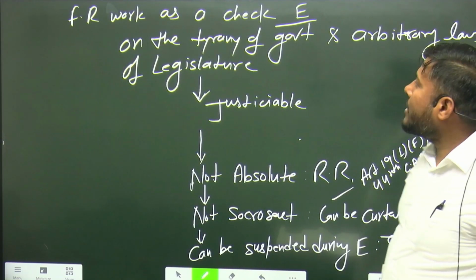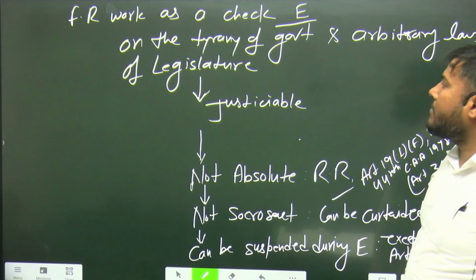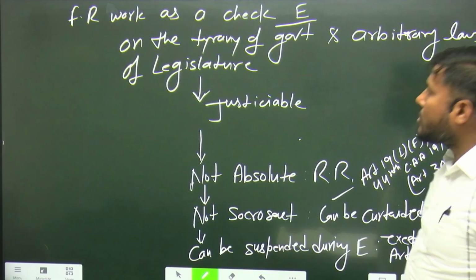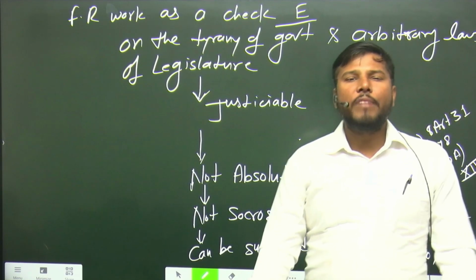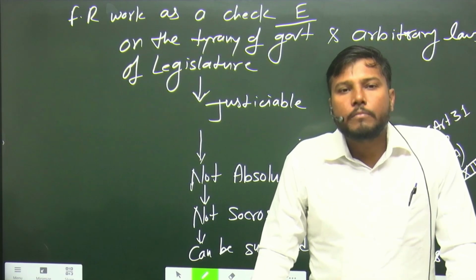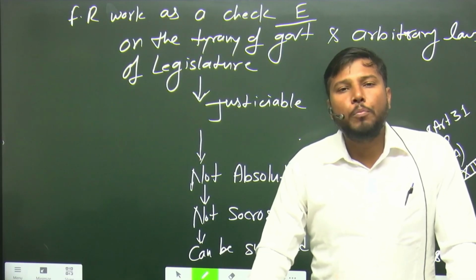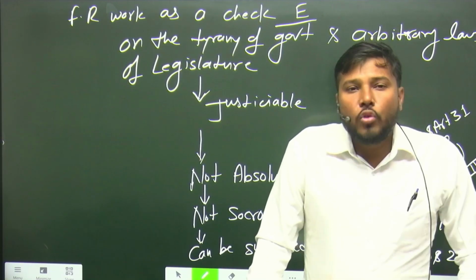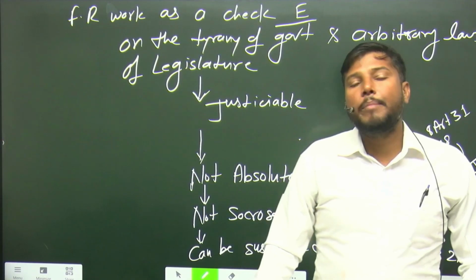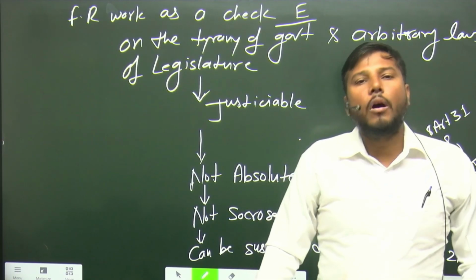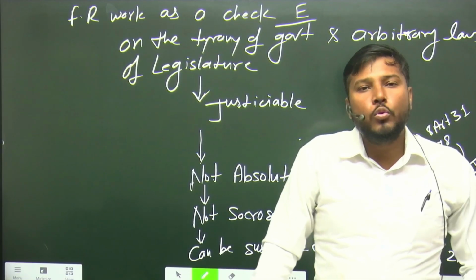Fundamental rights work as a check on the executive, on the tyranny of the government and arbitrary laws made by the legislature. Fundamental rights are directly protected by the Supreme Court by virtue of Article 32, right to constitutional remedy, and an aggrieved person can move to high courts also by virtue of Article 226.